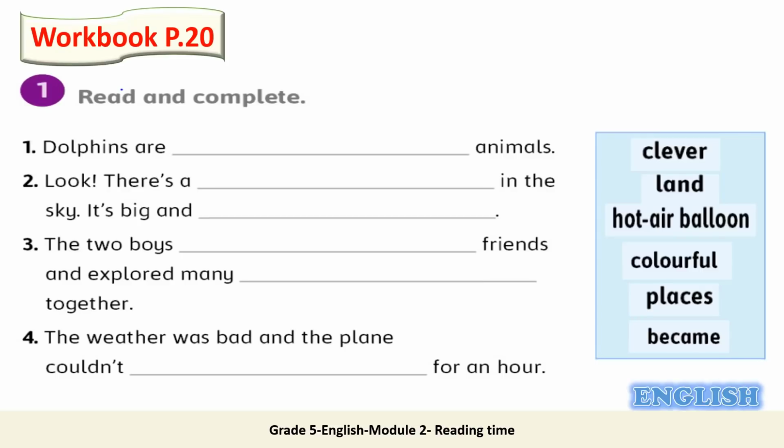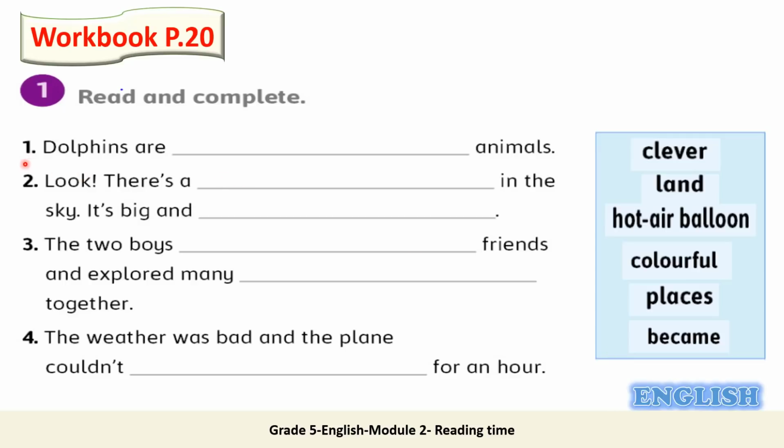It's time to use the words that we have just learned in sentences correctly. Now open your workbook page 20, exercise 1. You have to read these 4 sentences and complete them with these words. The words are clever, land, hot air balloon, colorful, places, and became.